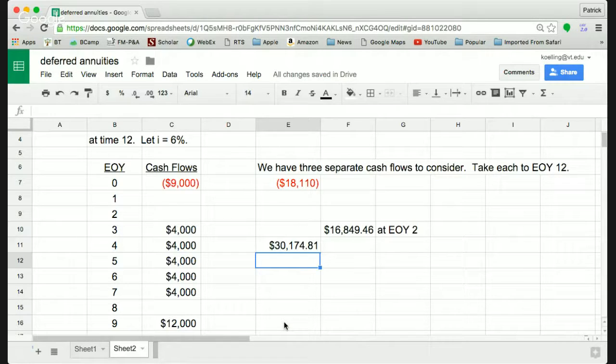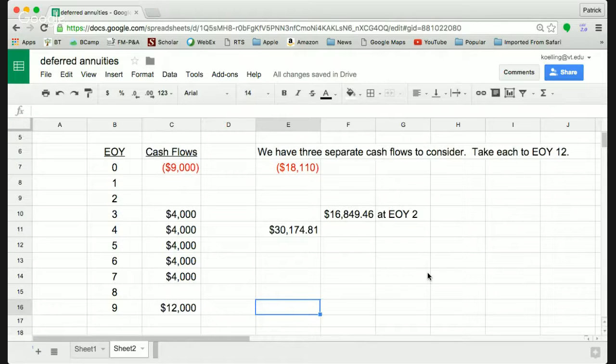What's next? It's this last one. It's a single cash flow that occurs at the end of year 9. So I need to take that forward 3 years. I just need to move that ahead 3 years. And there, we can do FV equal minus FV, 6%. We're moving it from 9 to 12.